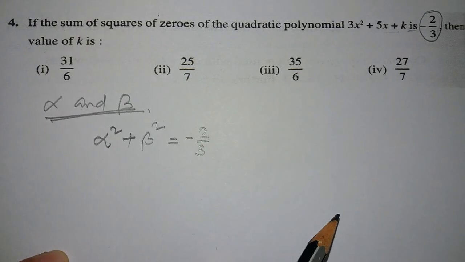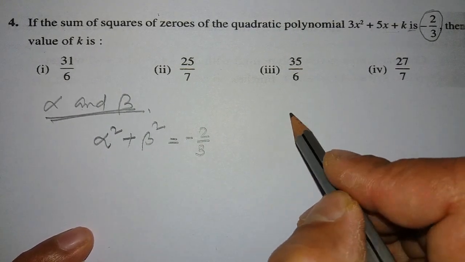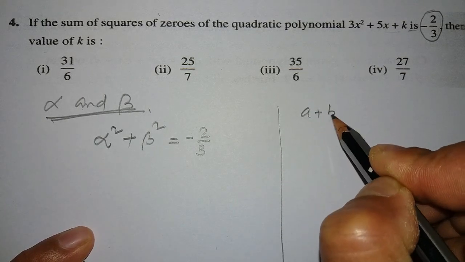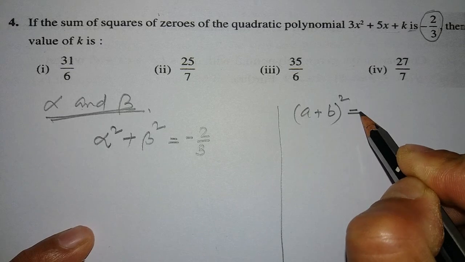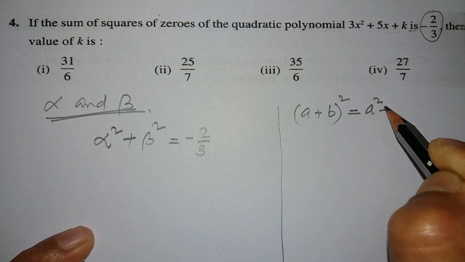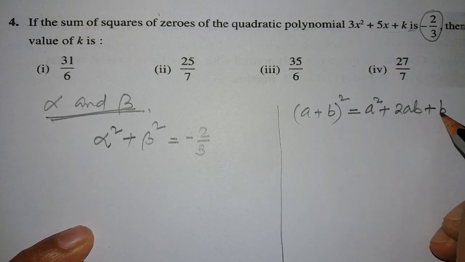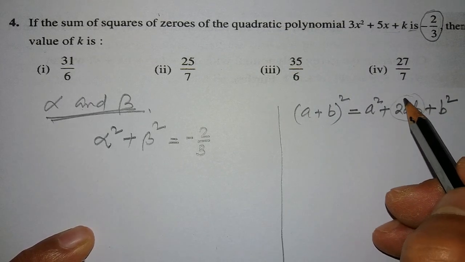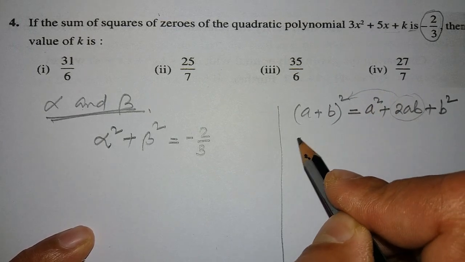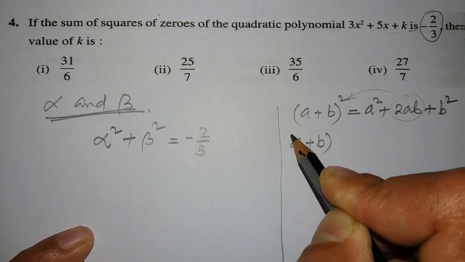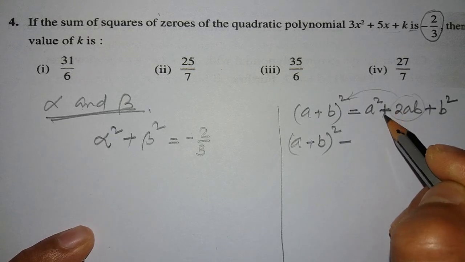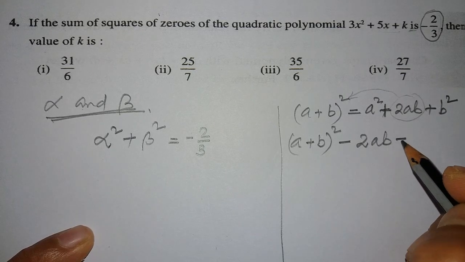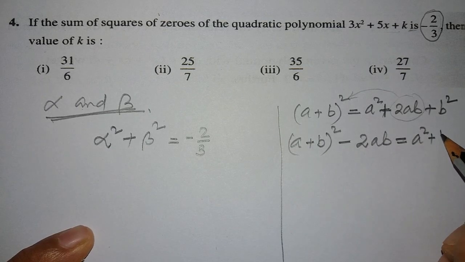Now before we go further, let me show you this one. A plus b whole square is equal to a square plus twice ab plus b square, as you know this formula. Now if we transpose the twice ab to the left hand side, then we will get a plus b whole square minus twice ab is equal to a square plus b square.